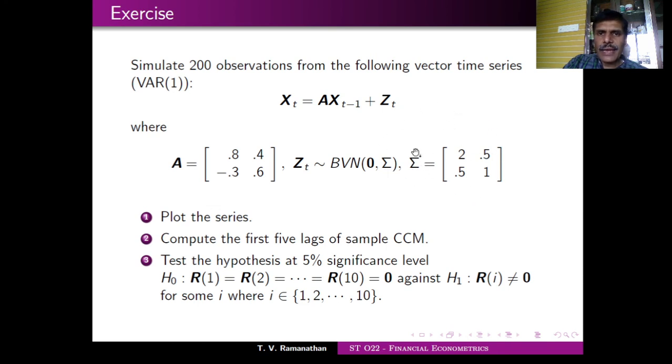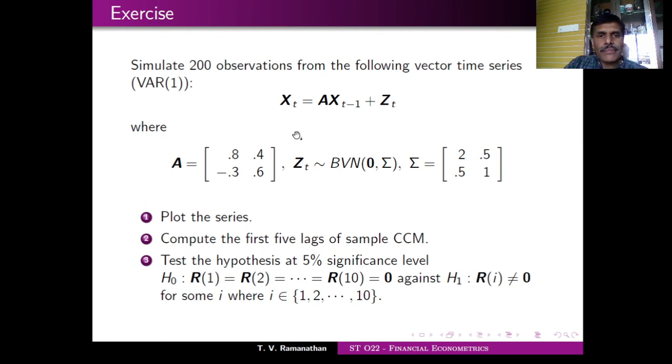You can take x naught as z naught, a starting value, and then develop x1 as a x naught, x2 as a x naught plus z1, and so on. So we can get a series of xt. I have asked you to generate 200 observations. Each observation here is a 2 by 1 vector, so you will have 200 vectors, each of dimension 2.